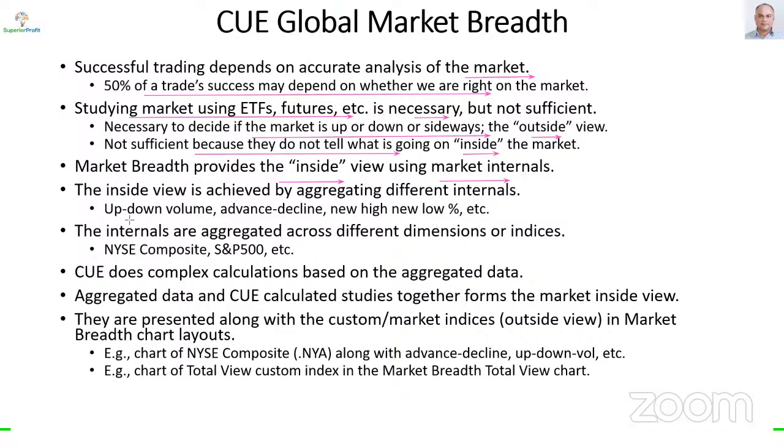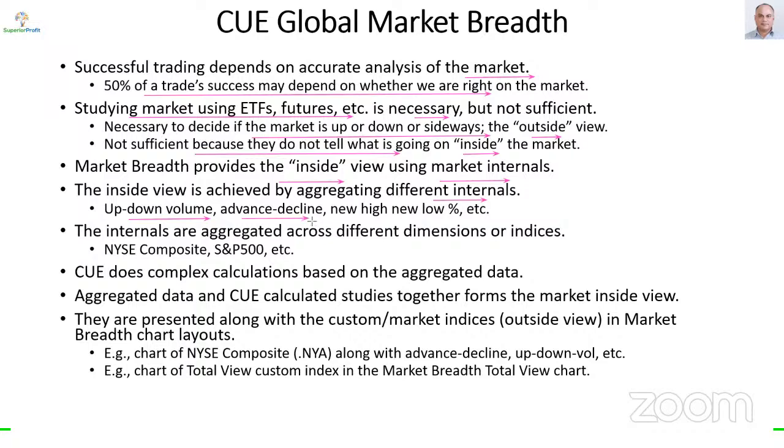How is the inside view achieved? It is achieved by aggregating different internals. What are the internals that are aggregated? Like up down volume, that is volume of all the stocks going up minus volume of all the stocks going down.